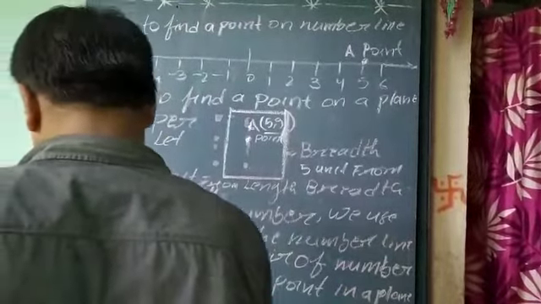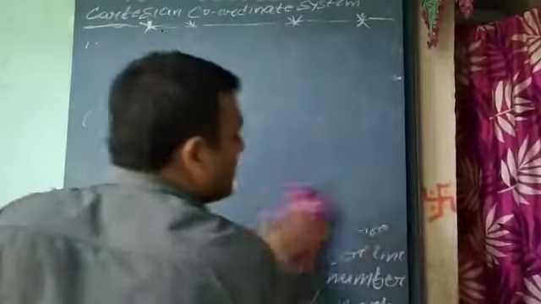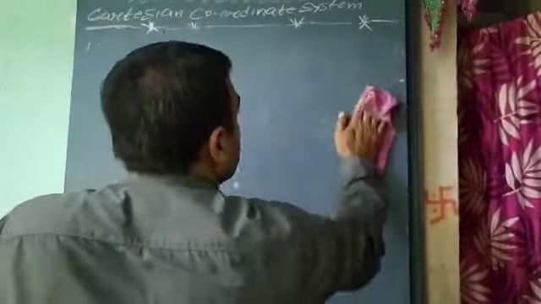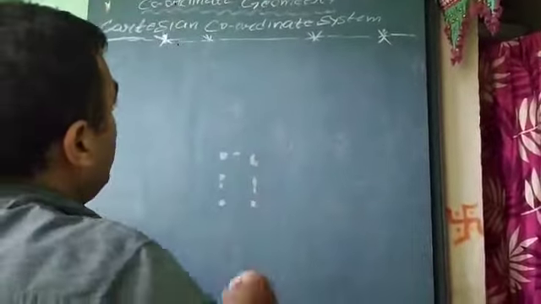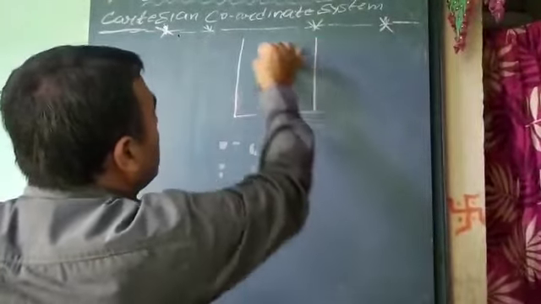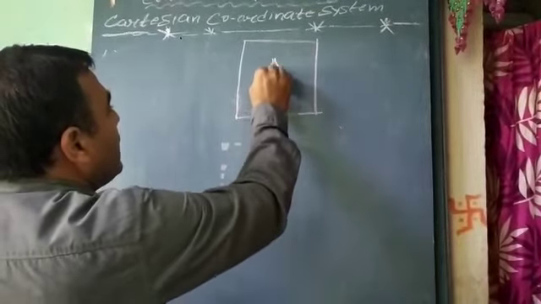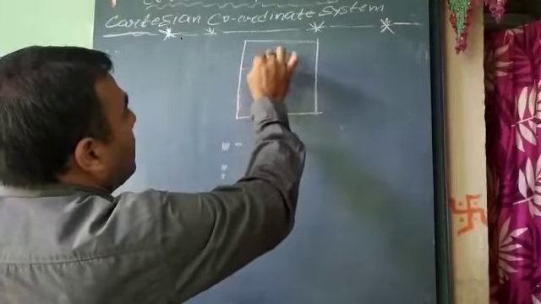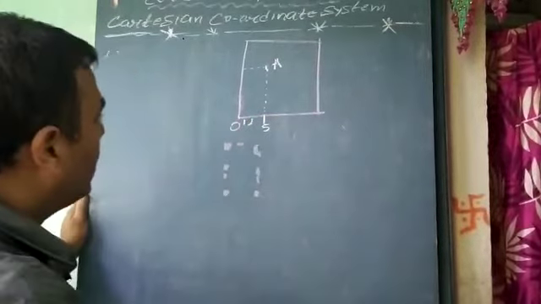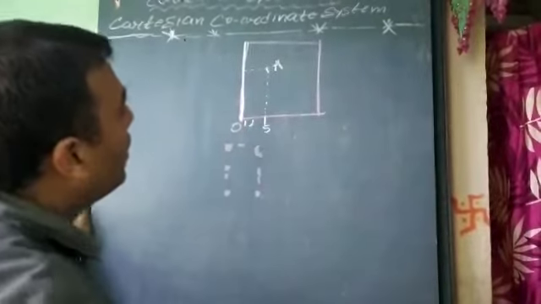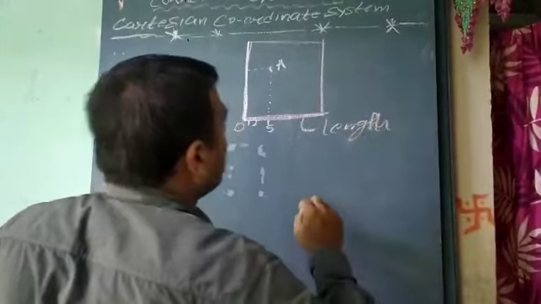Now, as we have seen, to draw a point on a paper, we have the length from the length side, which is 9, and from here, let this be the origin, 1, 2, 3, up to 5.